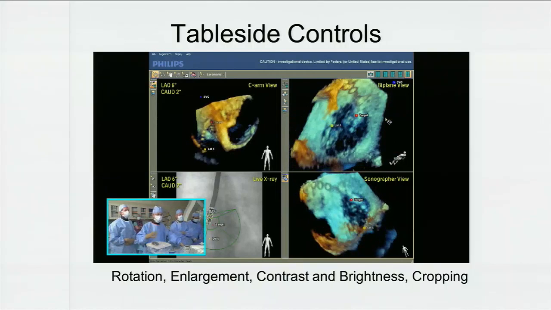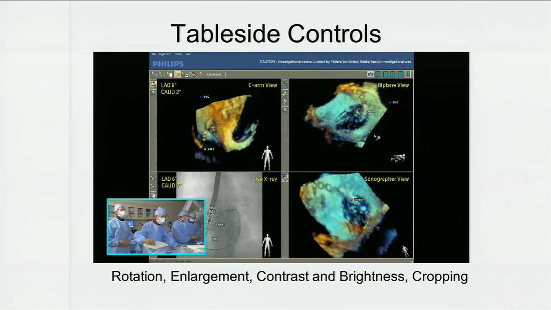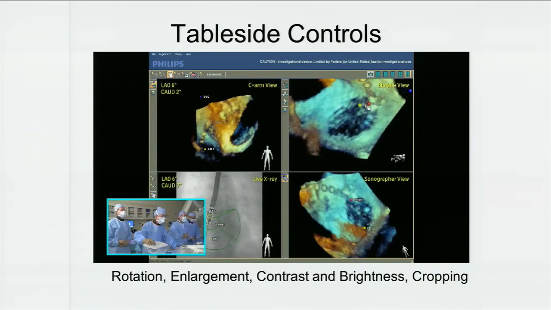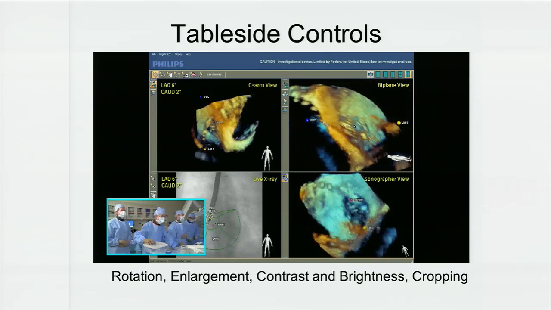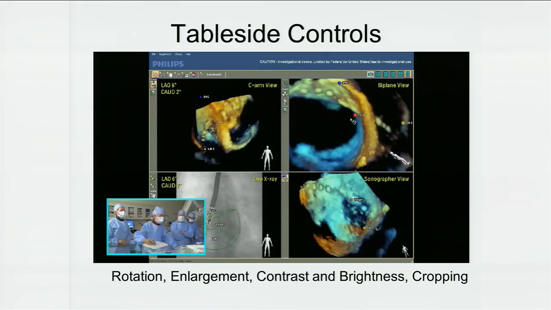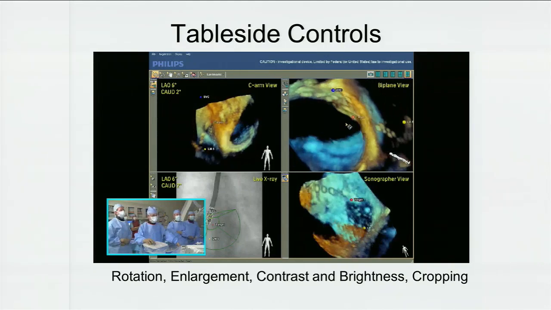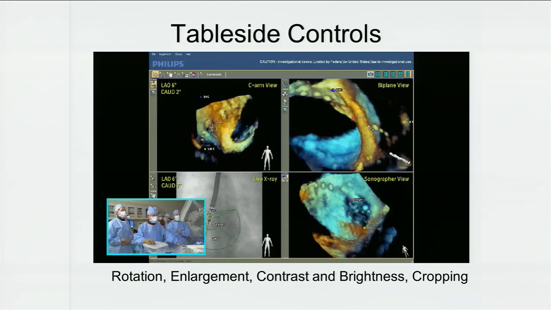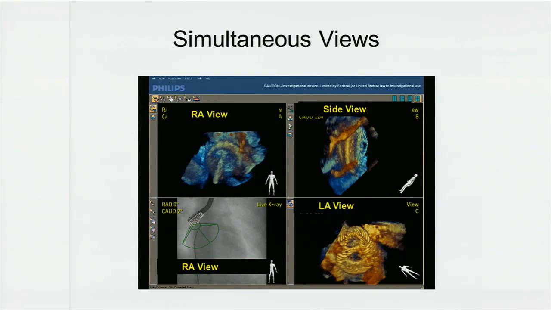What is the trajectory of the transeptal catheter? And notice that if you have control of that as an interventionalist, you're really able to understand what you're doing, what you've done, and what you want to subsequently do. So you're not simply relying on the view that the echocardiographer gives you, but you're able to determine that view, and that's the kind of interactivity in table-side controls we need.